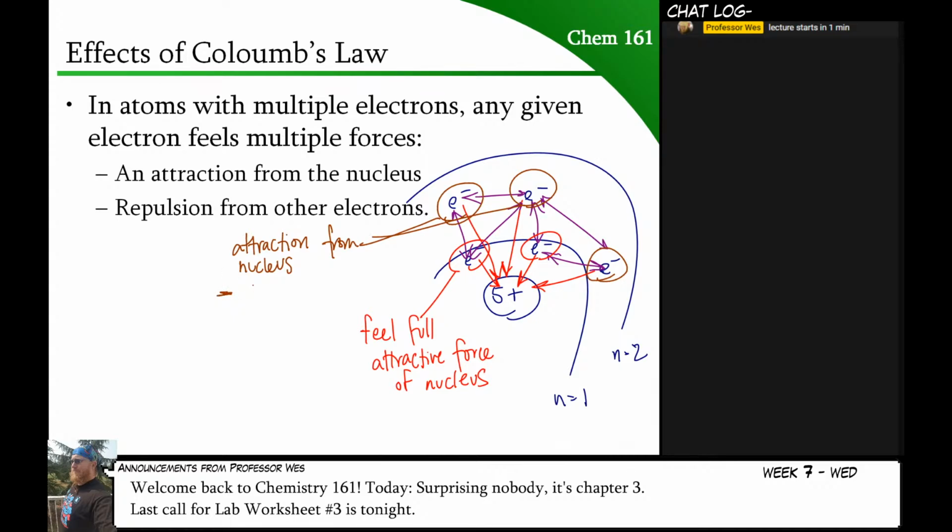And so I'm going to write that as attraction from nucleus minus repulsion from inner electrons. And when I do that difference in forces here, the result is what we call effective nuclear charge.